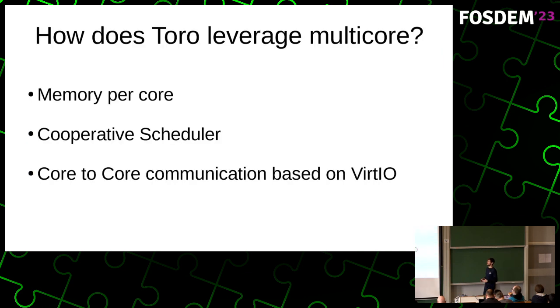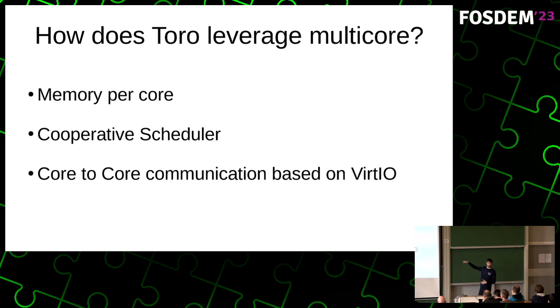So let's say that the three building blocks of the Toro unikernel are memory per core, a cooperative scheduler, and core-to-core communication based on virtio. Here I'm talking about the architecture of the unikernel. I'm not talking yet about how we're going to build an application to conform to Toro, right?